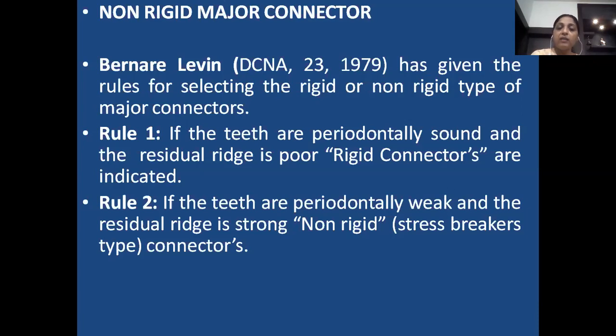The reason is that if we give non-rigid connectors with periodontally weakened teeth, then the force will not be directed to the teeth. It will be only directed to the bone. And as the bone is strong, it will take up the force. But if in these situations we give rigid connectors, then the force will be directed to the teeth as well. And the teeth are already weak, so they will become more weak.